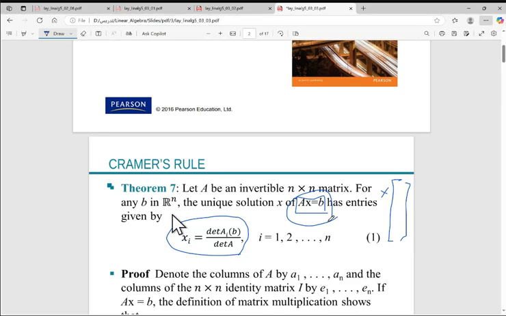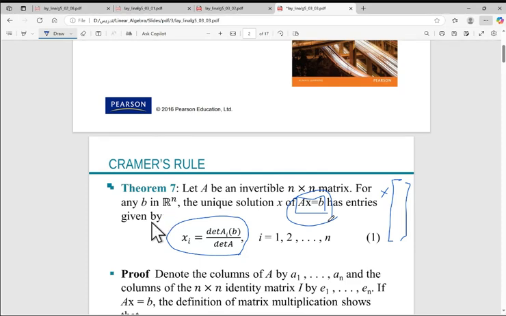So you already have a method for this using echelon form, reduced echelon form. Yes, but Ax equals b we have taken in echelon form. In Cramer's rule, theorem 7, I don't know what I can solve with this xi.